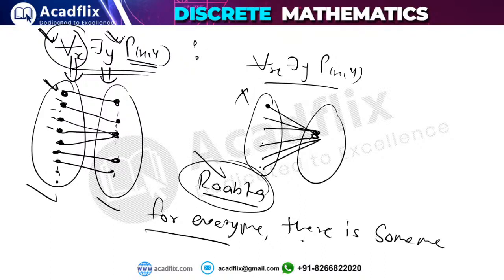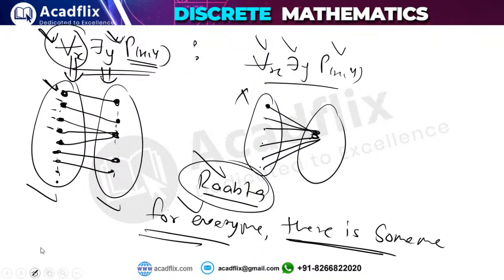Something like that. Actually, you can think of this for all x there exists y pxy as this song. For everyone there is someone. Different people can have different ones. Okay, so that is the meaning here.